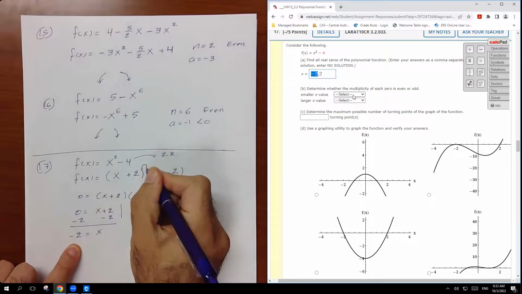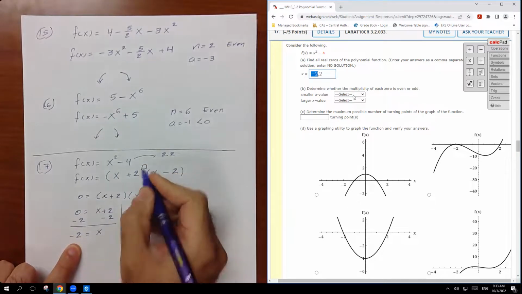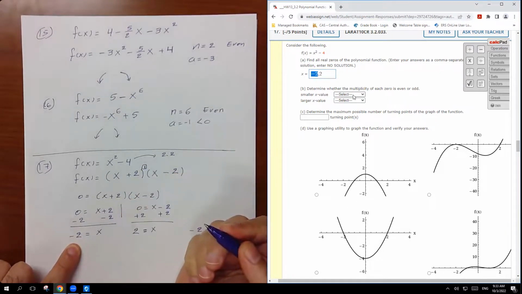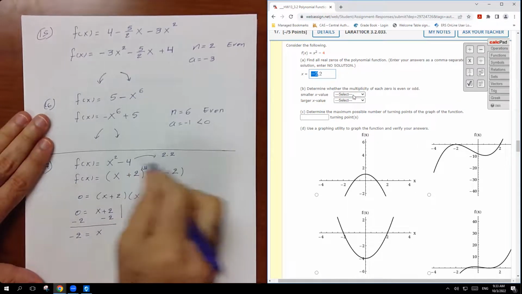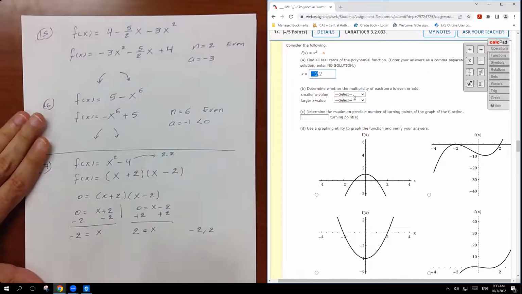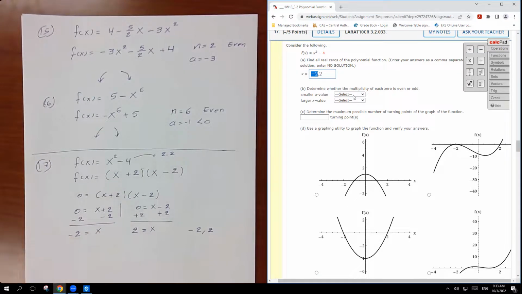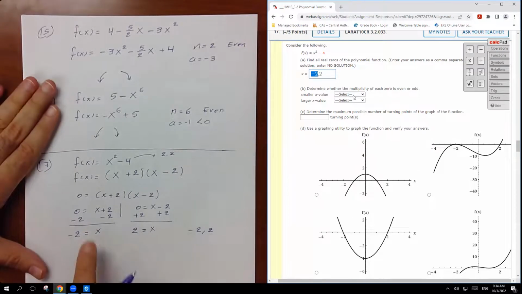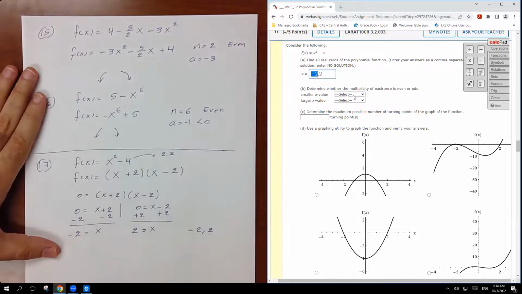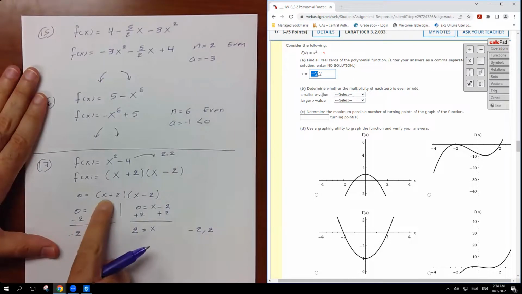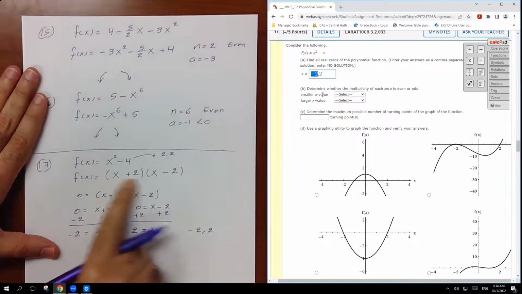The exponent here is 1, so it's an odd multiplicity. Let's do it again, because this is really important. First of all, -2 is the smallest x value, that's what they're asking, and it came from this parentheses, which is this factor.